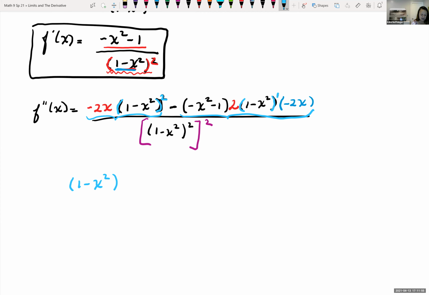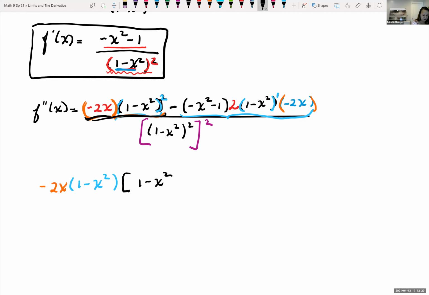Let's see. I also notice they both have a minus 2x in common, right? We have a minus 2x in here, and we have a minus 2x in here. So let's also pull that out and put it out in front. So if we pulled out a negative 2x and a factor of 1 minus x squared from this first piece, all you're left with is one of those factors, 1 minus x squared.